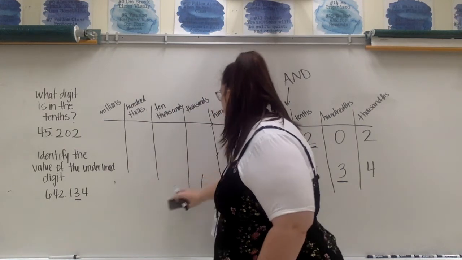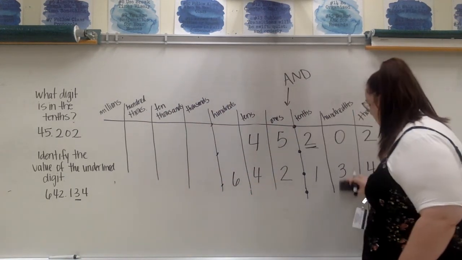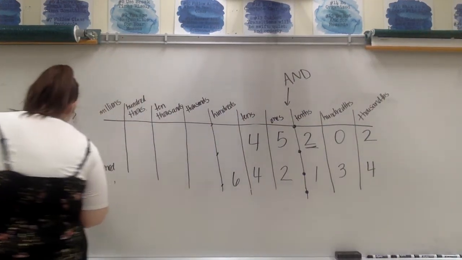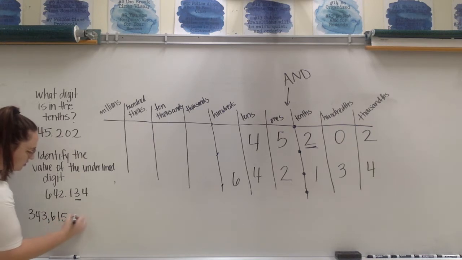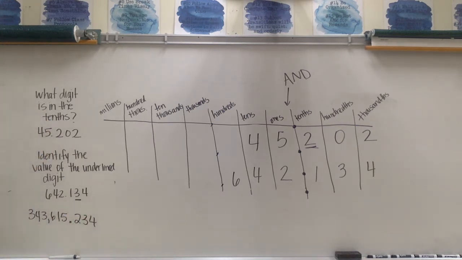Okay, let's do one more practice. Let's say identify the value of the underlined digit in, let's do a bigger number. Okay, so here we have a pretty big number that I've written. I have 343,615 and 234 thousandths.